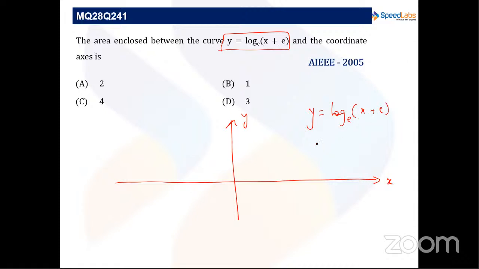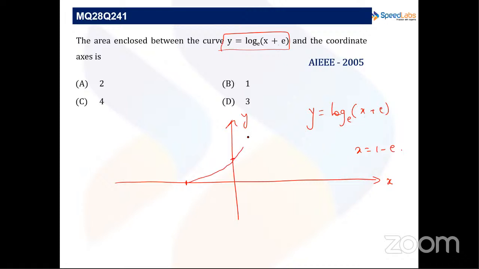When x will be equal to 1 minus e, y will be equal to 0, because log 1 is 0. And when x is equal to 0, that means log e to the base e, so that will be 1.